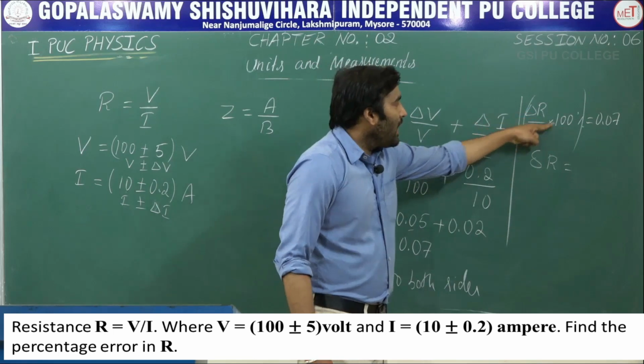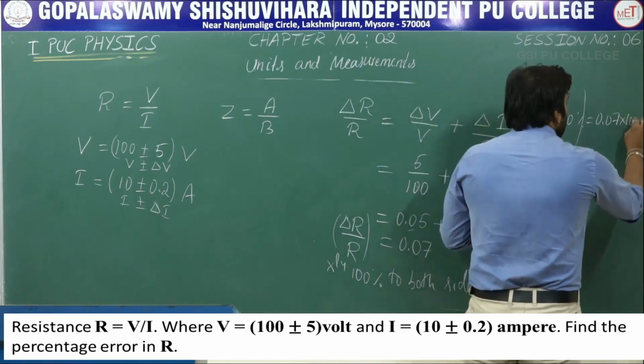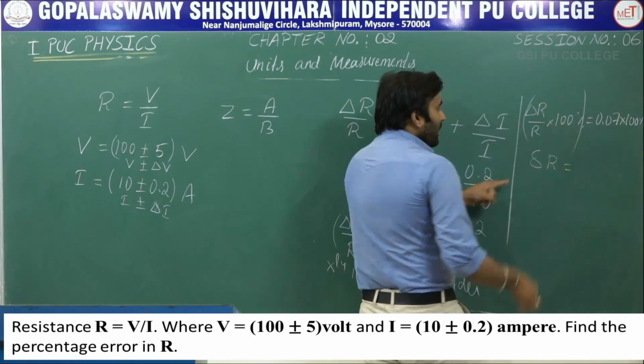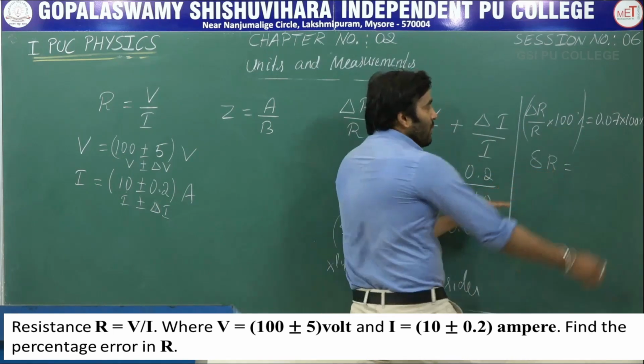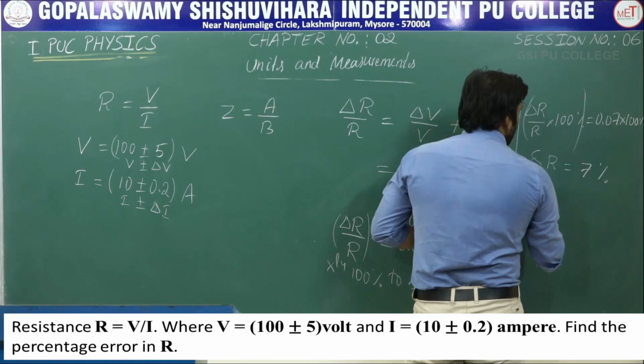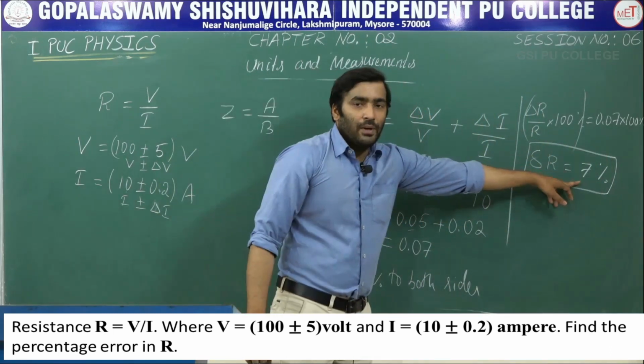So this is delta R by R into 100%, that is equal to 0.07 into 100%. Now this is nothing but a percentage error in R. So if you multiply 0.07 with 100, you will get 7%. Finally, the percentage error in R is found to be 7%.